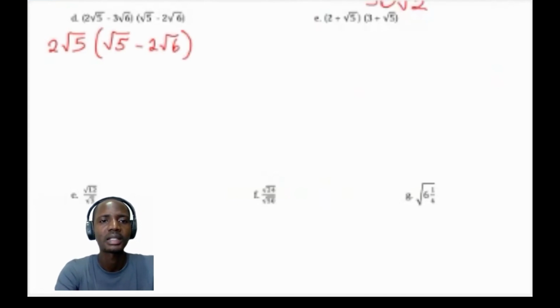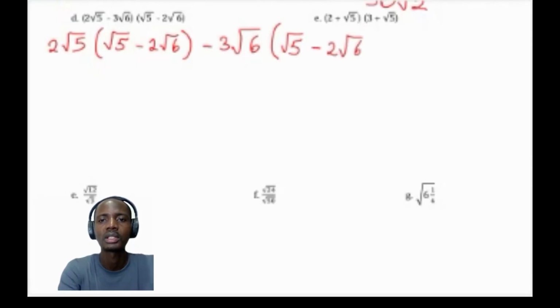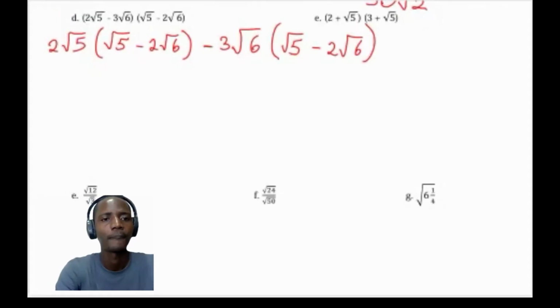Yes, that's the first. Then the second one will be the second term, which is minus 3 root 6 multiplying root 5 minus 2 root 6. So let's see what we have.